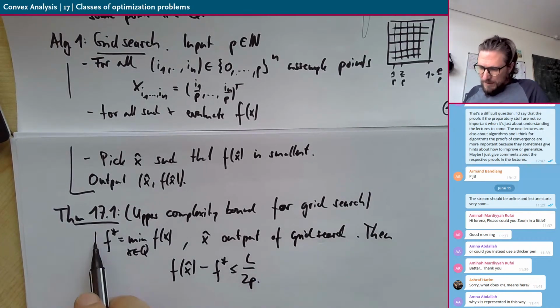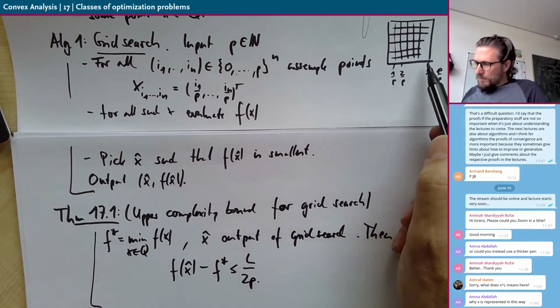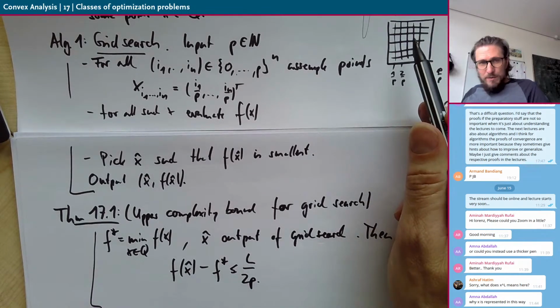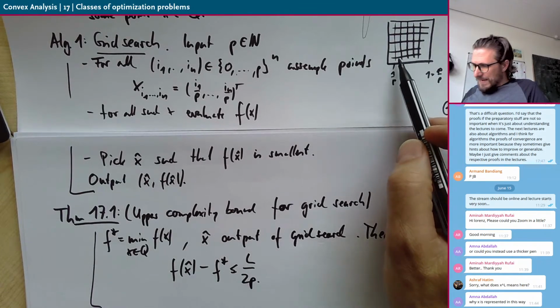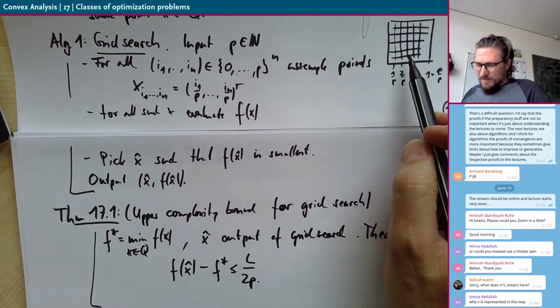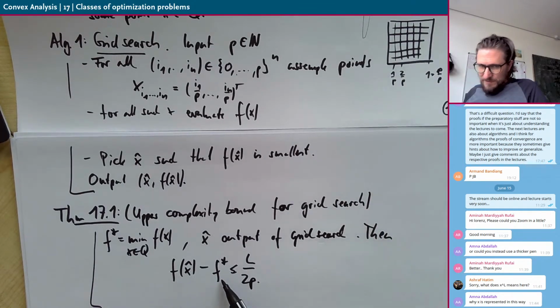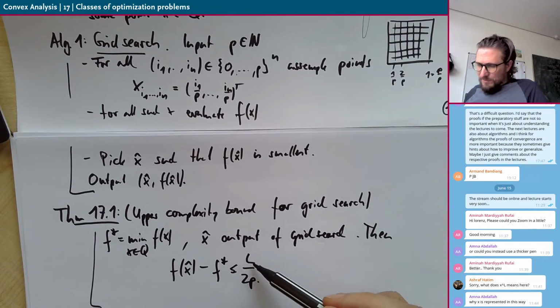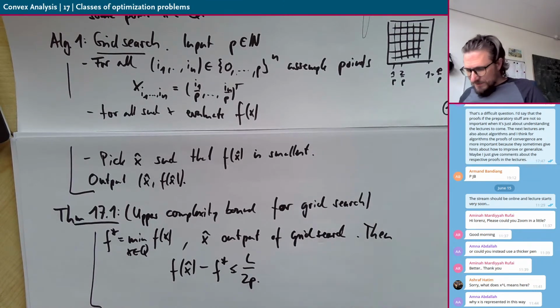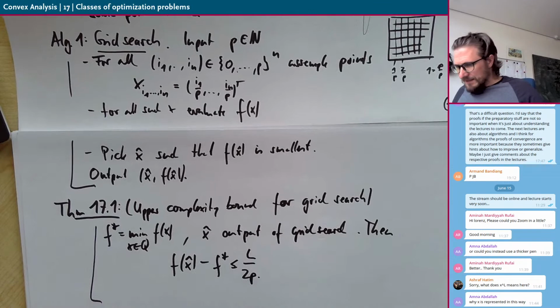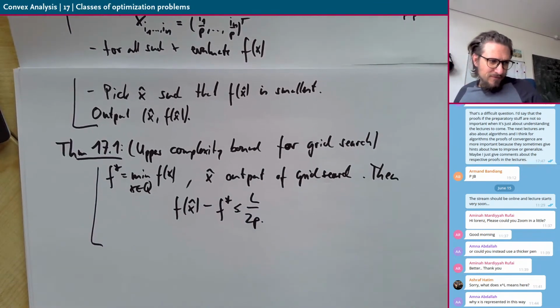So if we check all the points of this grid and pick the x hat with the smallest function value, we are guaranteed that the distance to the minimum possible value is not larger than the Lipschitz constant over 2 times p. We will see that this is not very good.